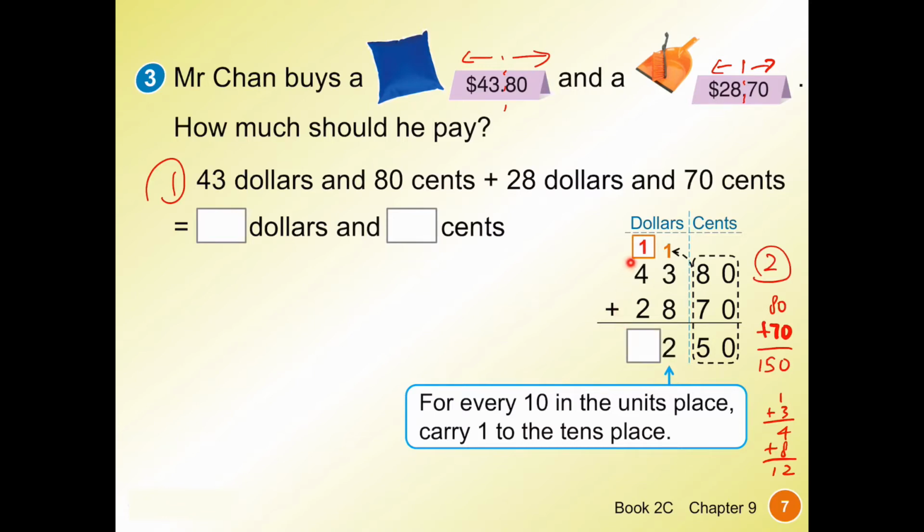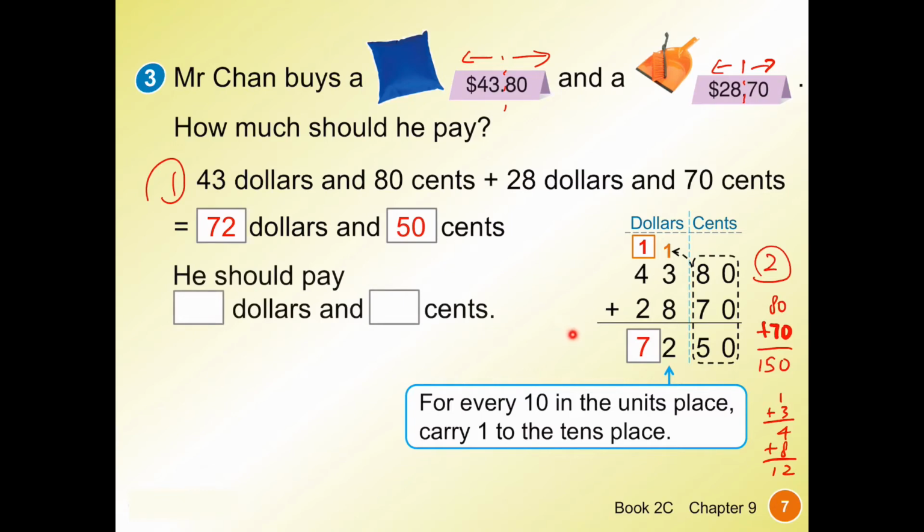And then we add up the number in the tens place. So 1 plus 4 plus 2, we have a 7. So that means we have $72.50 for our answer. And remember to write the sentence.